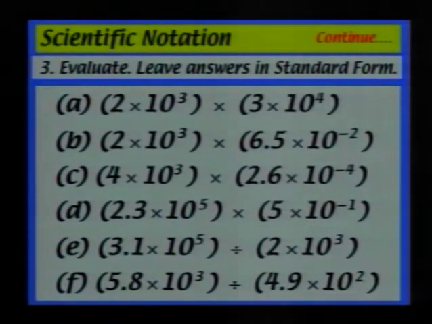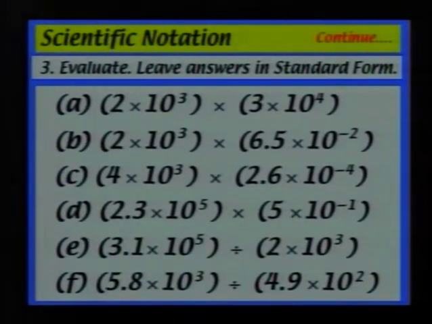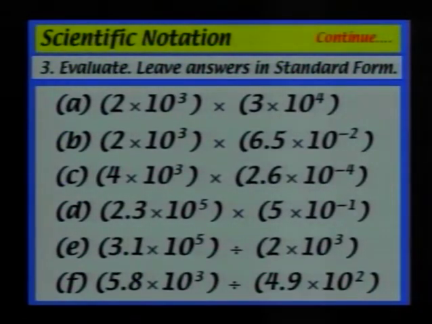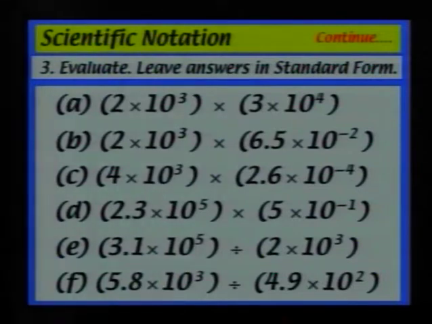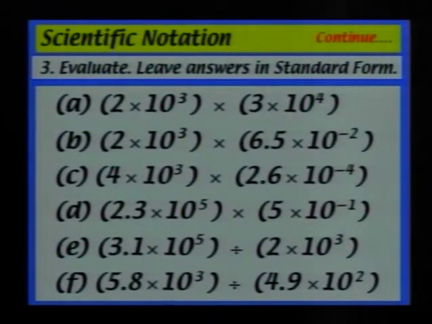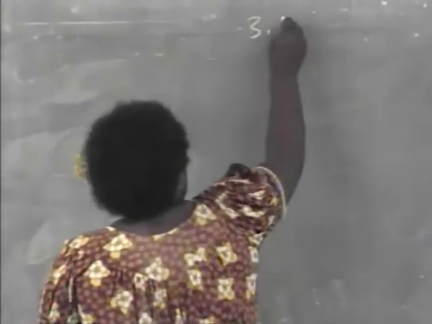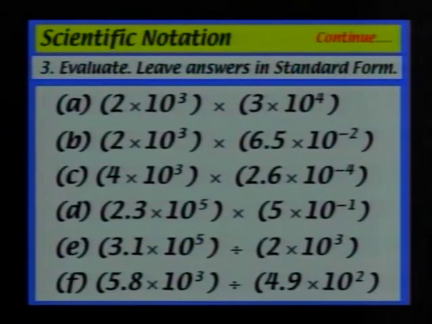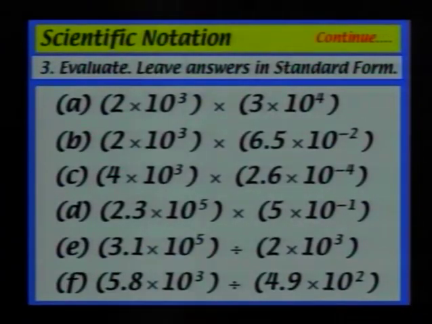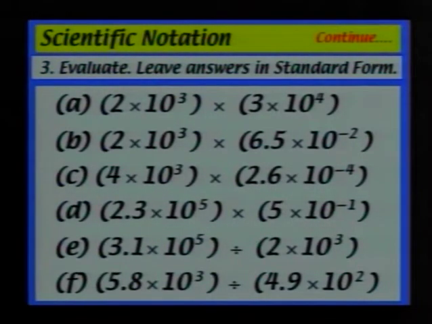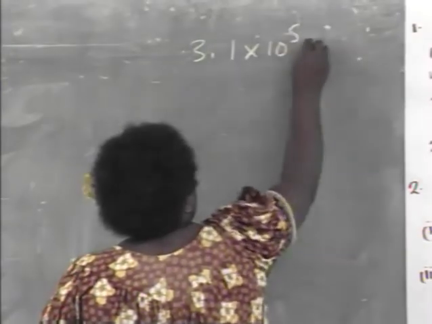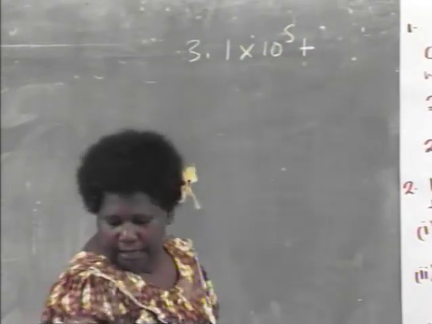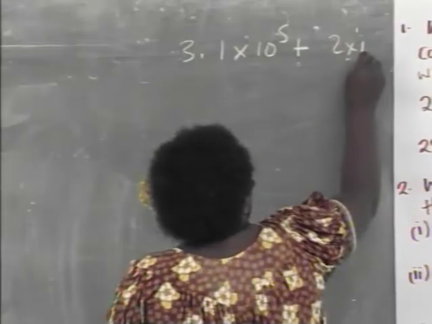Okay, we'll have to look at 2 answers then, because on your worksheet it looks like addition. Is that number 15 or number 9? Okay. If you added 3.1 times 10 to the power of 5, then it will be plus 2 times 10 to the power of 3.